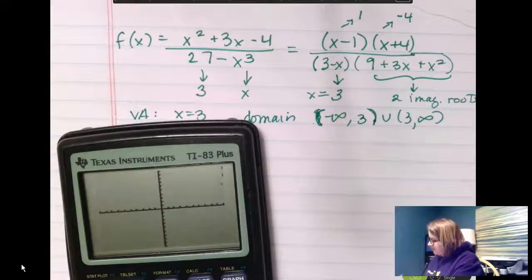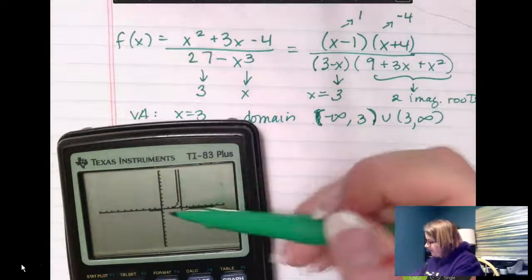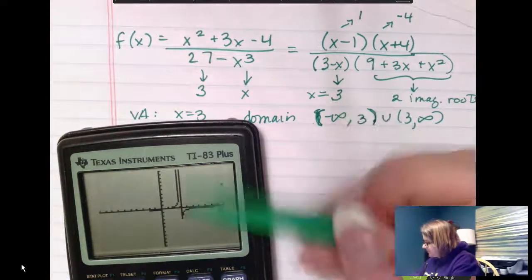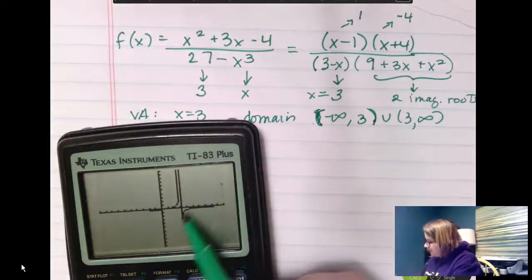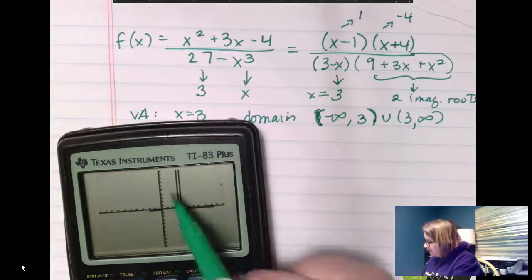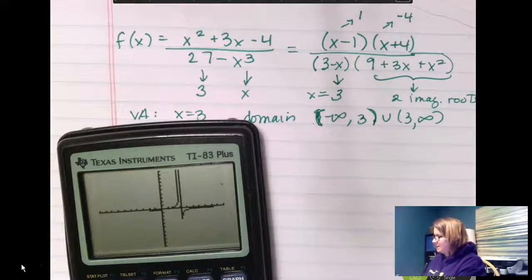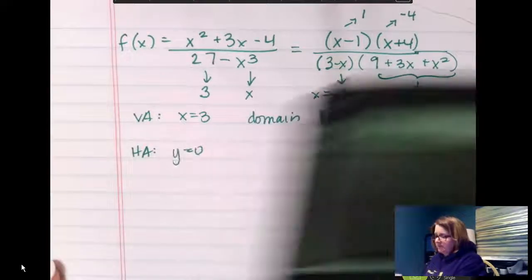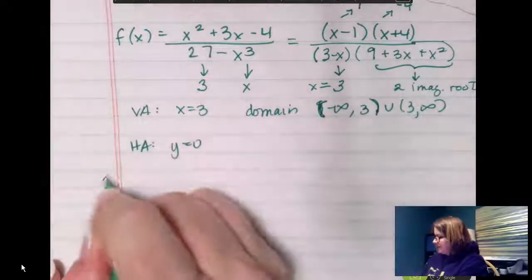And let's graph it. Okay, so we can see right here at x equals 3, there's our vertical asymptote, and then our function hugs along the x-axis, or y equals 0. So I believe we had everything correct there.